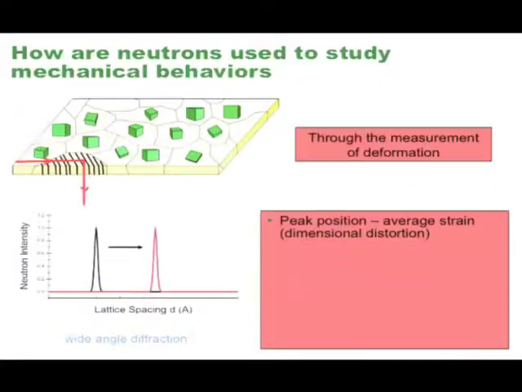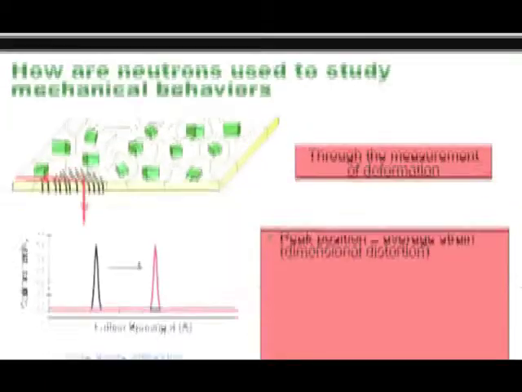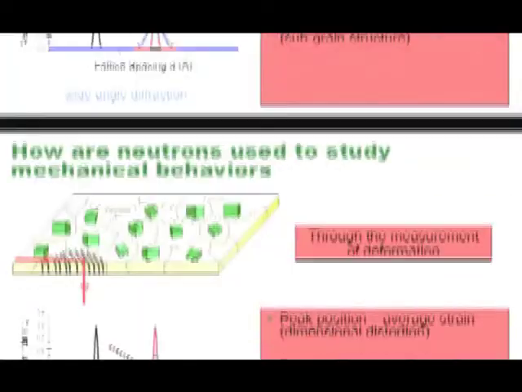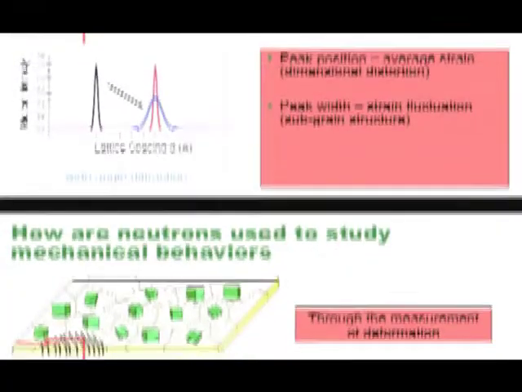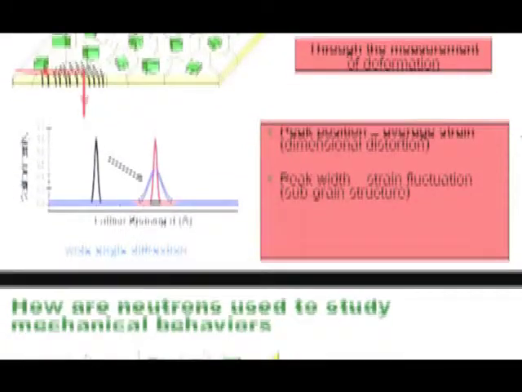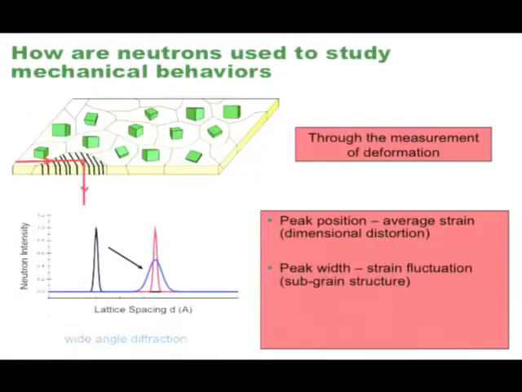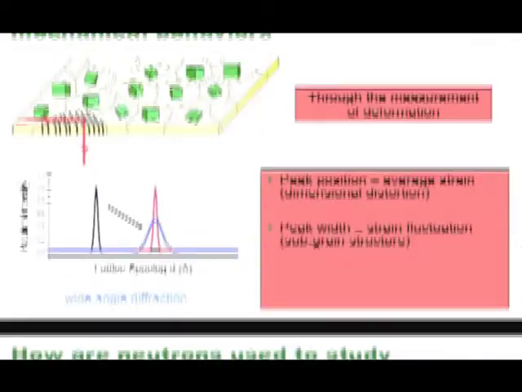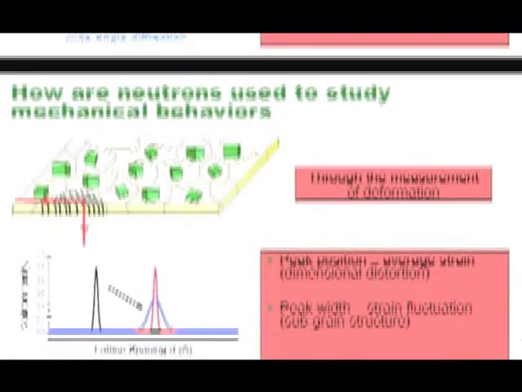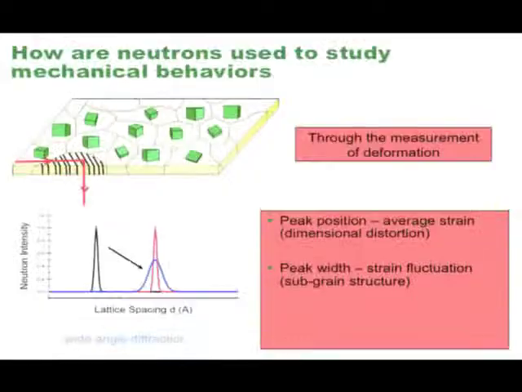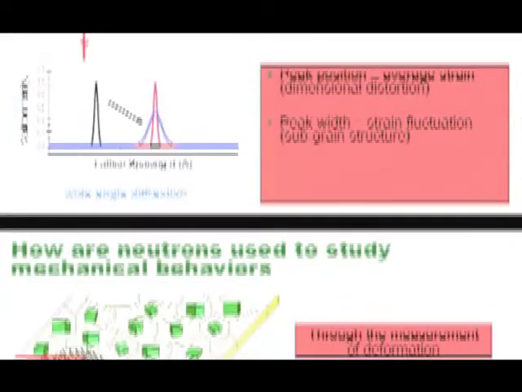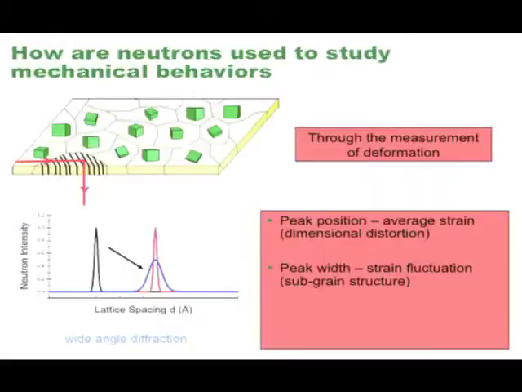Of course, diffraction peaks have more information than just peak position. You can also determine the peak width. Under an inhomogeneous stress, the peak will not only shift, but also broaden. And by analyzing the peak broadening, you can get information on the microstructure, dislocation activities, twin activities, and even phase transition. We have heard talks in the last couple of days on this subject by Matteo and Thomas.